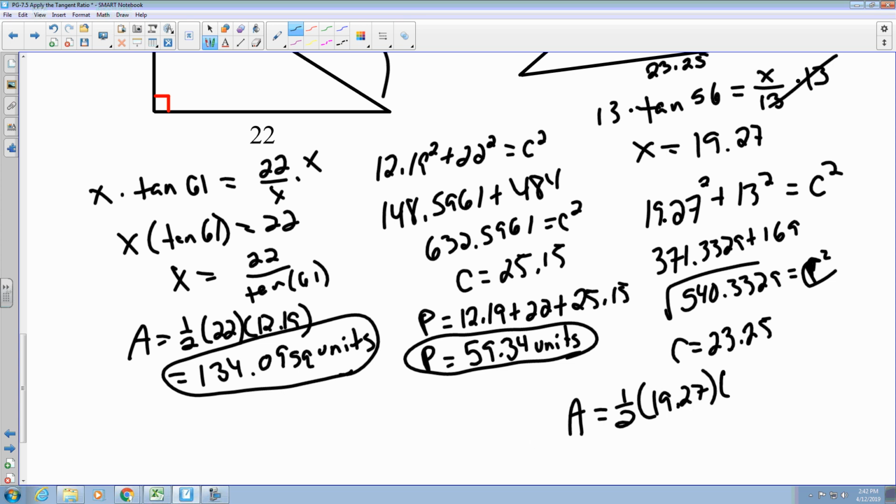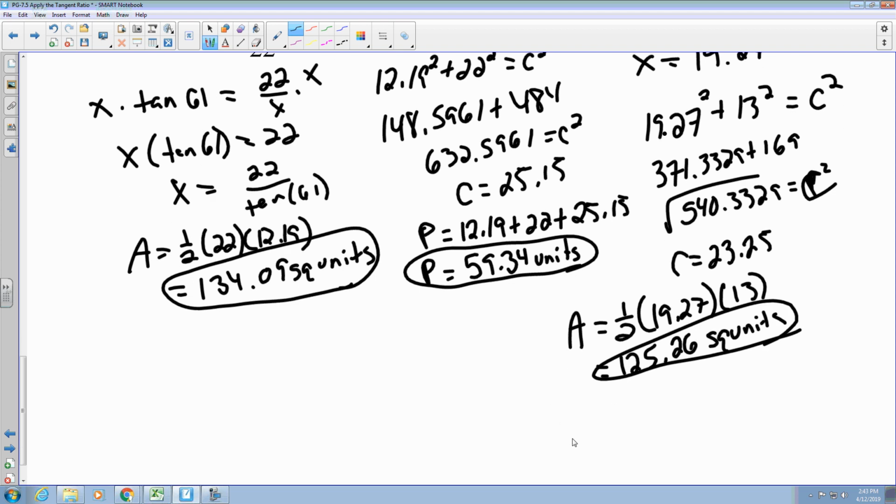So again, 1/2 is 0.5, times 19.27, times 13. I get 125.26, and that's square units because it's area. And then to find the perimeter, we just add the three together.